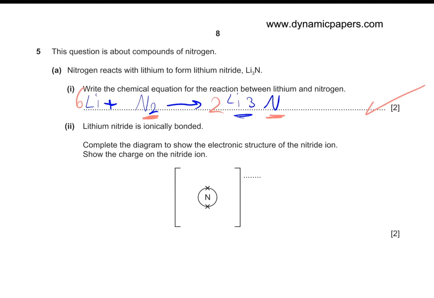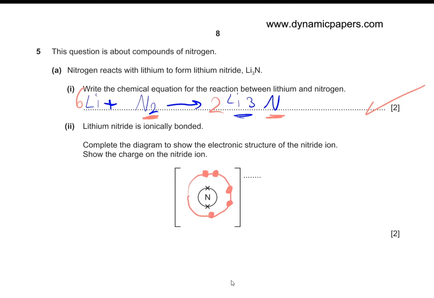Lithium nitride is ionically bonded. Complete the diagram to show the electronic structure of the nitride ion. Show the charge of the nitride ion. So we know that nitrogen is in group 5, so the nitrogen atom would have 5 electrons, so that's 1, 2, 3, 4, and then 5.